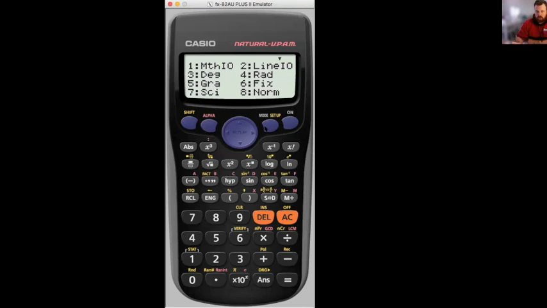When we go to setup, you can see option 3 is degrees, option 4 is radians. We're coming into this world where we're going to be expecting you to be comfortable with using both. So be super cautious each time you do an exam of what setting your calculator's in, because radians and degrees give vastly different answers on the calculator.